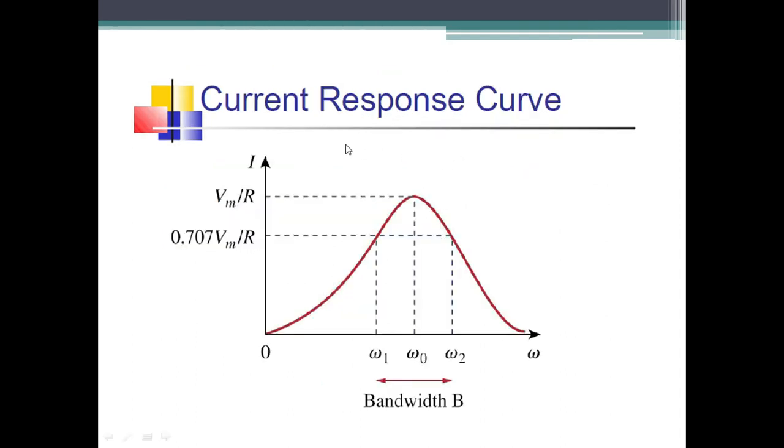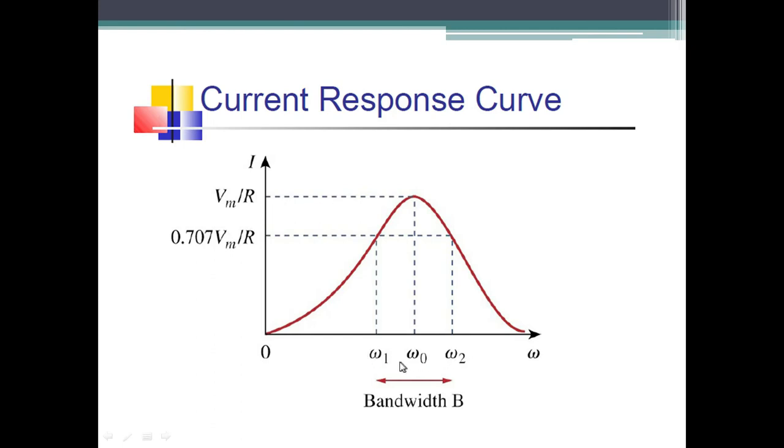Then this graph shows the current response curve, where the angular frequency varies with current. Here we have the lower cutoff frequency and the upper cutoff frequency, and at these frequencies 70.7% of the maximum current is able to flow.